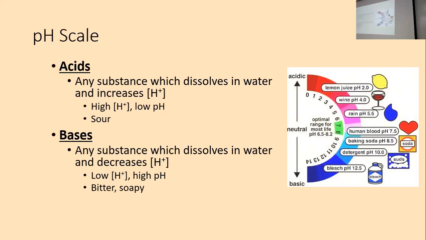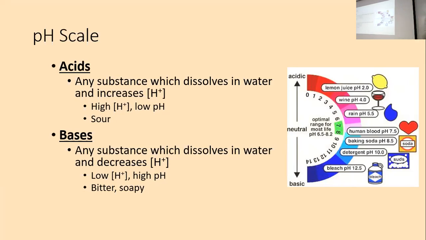Does that make sense? It's a little counterintuitive, but a smaller number means like 0.1, 0.001, 0.0001. So acids have a higher proton concentration, and because the pH number is the inverse, we multiply it by -1, so it has a lower pH. They tend to be sour: lemon juice, wine, and actually rain is slightly acidic, or very acidic if things aren't going well.